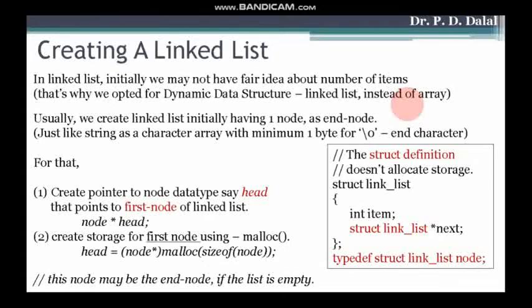Usually we create a linked list initially having one node as the end node. You can refer to a string as a character array with only one byte and the first byte as null. So we will create a linked list with one node, assuming that it may be the end node if the linked list is empty.